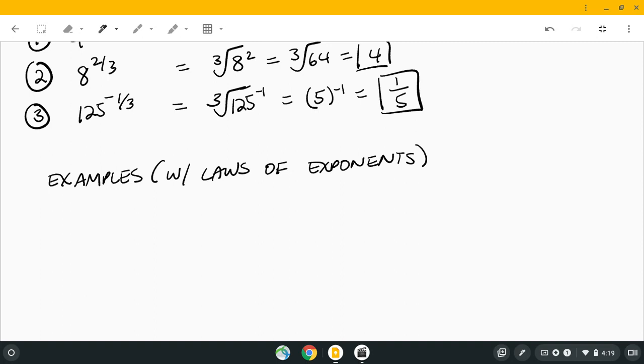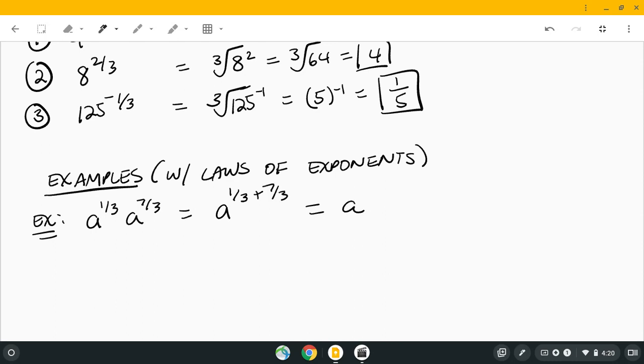If you divide like bases, you can subtract. So for example here, if I have a to the 1/3 times a to the 7/3, then I can add the exponents 1/3 plus 7/3, and I get a to the 8 over 3.